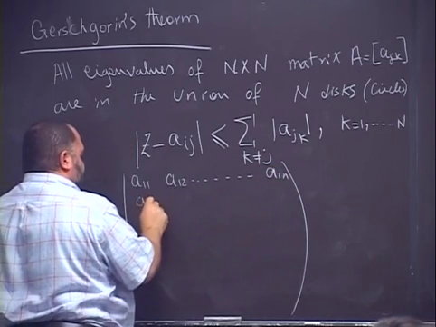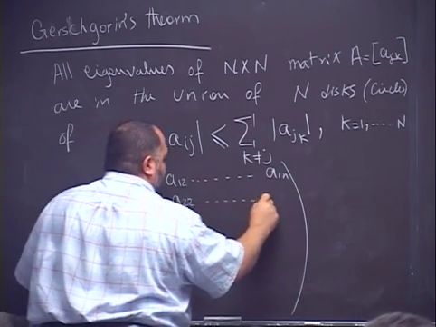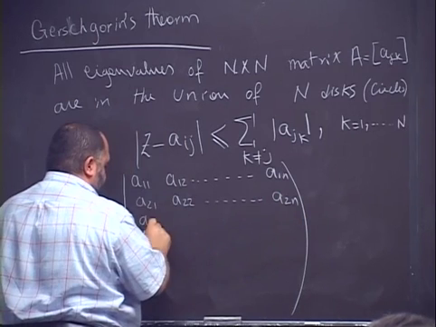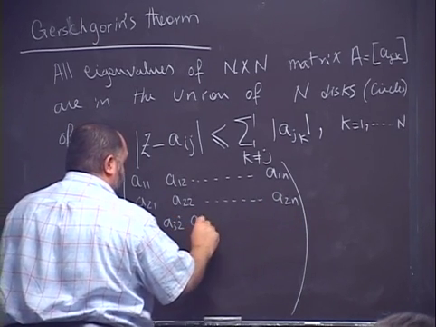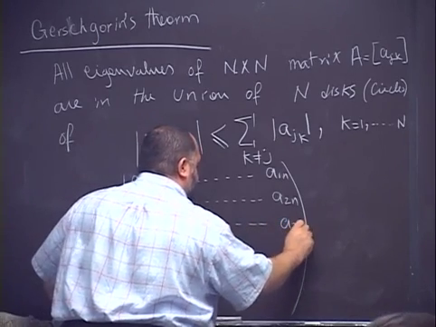Then this is A21, A22, A2n, A31, A32, A33, up to A3n.